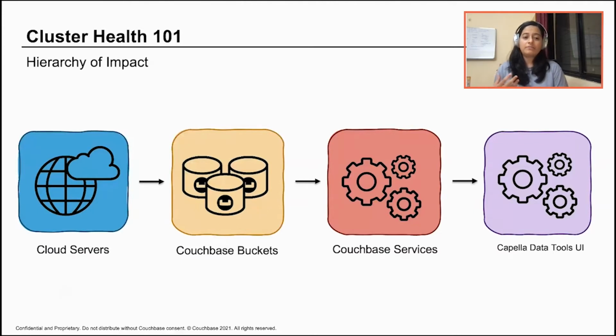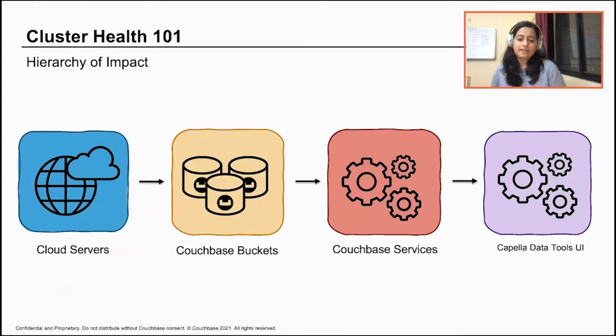So if a cloud server was supposed to go down or restart, that would essentially impact the Couchbase service that was running on it, or the Couchbase bucket that was deployed on that server. A Couchbase bucket could be deployed on a single server or multiple servers. So a restart of a single server is going to impact the availability of the Couchbase bucket. And that will essentially also impact the Couchbase services.